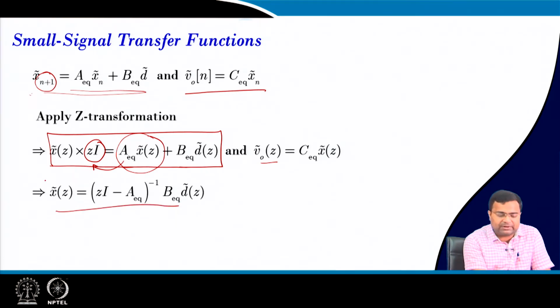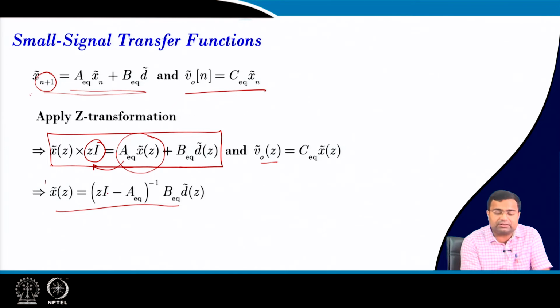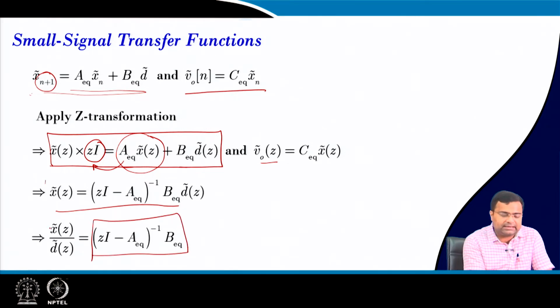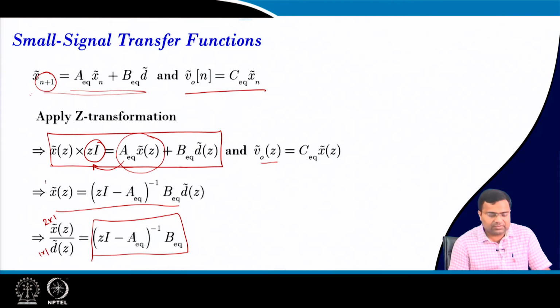So that means we can obtain X tilde in terms of d tilde along with the matrices A equivalent, B equivalent and z. Then X tilde(z) by d tilde(z) will be this, but this is 2 cross 1 and d tilde is a scalar. So we will get a transfer function matrix. The matrix will be 2 cross 1.